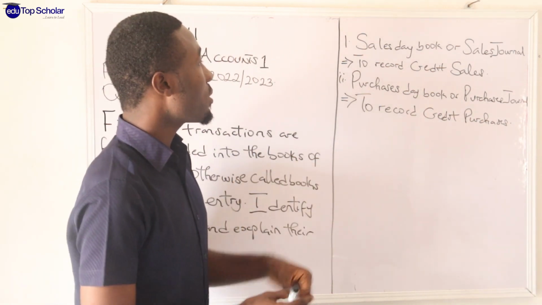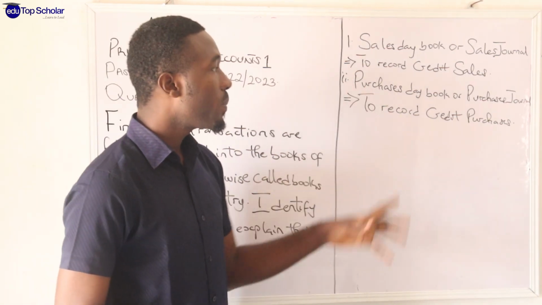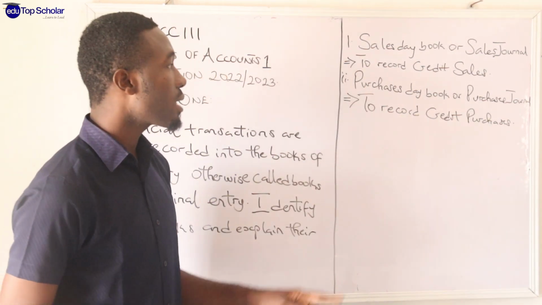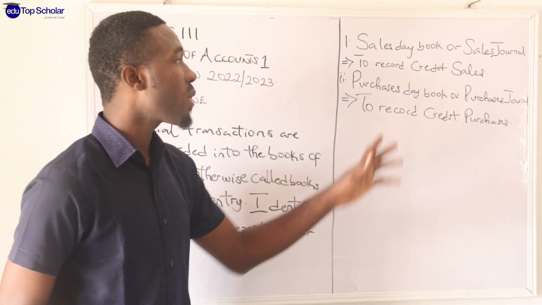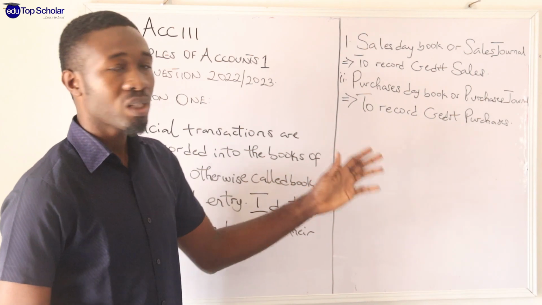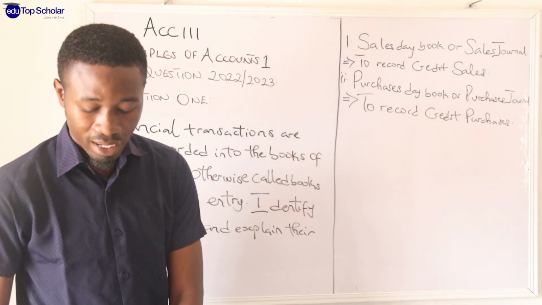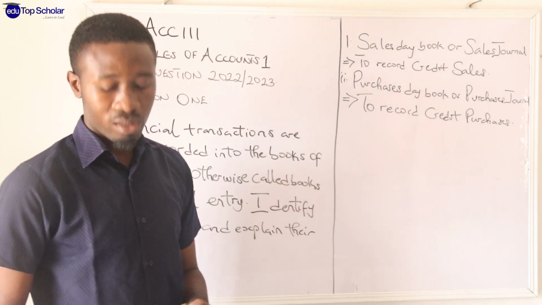The same thing with the sales day book. When you sell goods to a customer, the first place of entry of such a transaction is in the sales day book. No other place. That is why they are called books of original entry. The first place where those transactions land is the sales day book or the purchases day book.